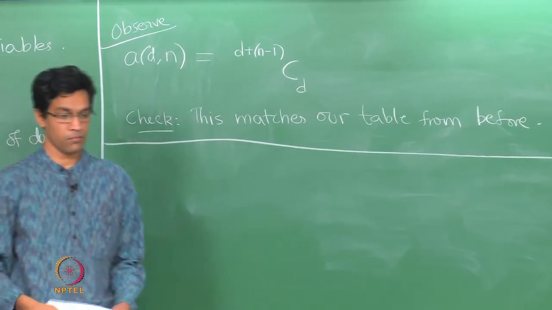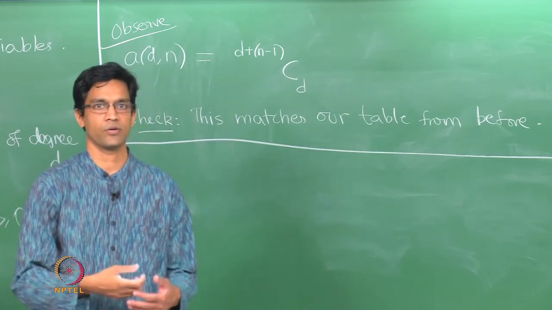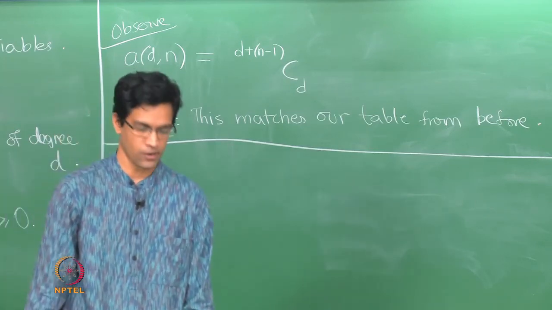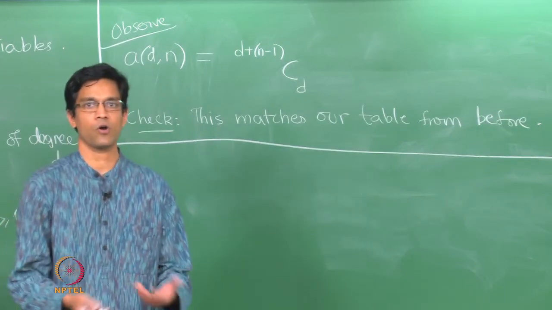So a problem on counting monomials turns out to be just a problem of doing combinations with repetitions being allowed. Next time we will talk about something more on permutations.